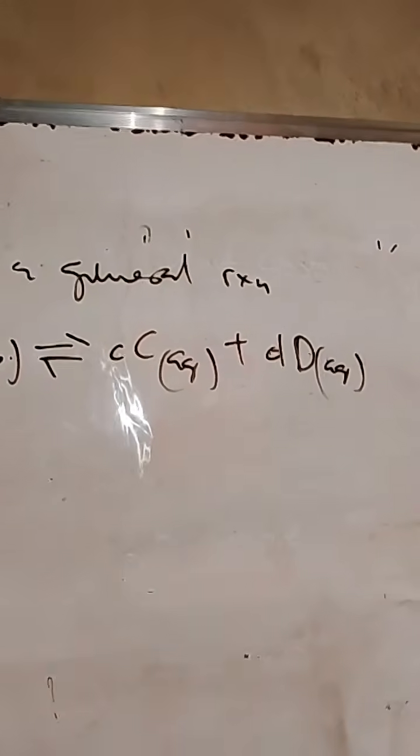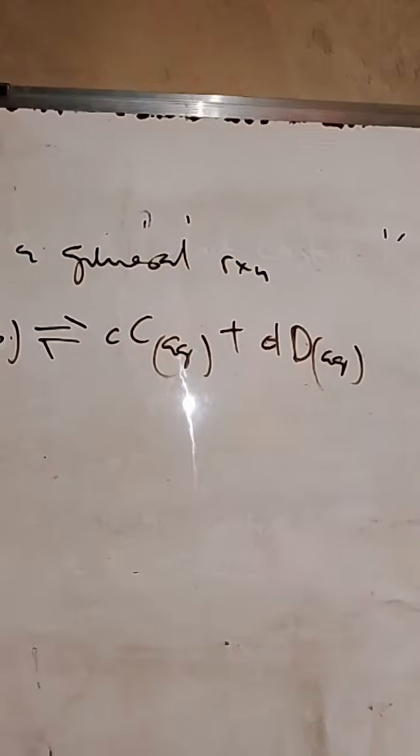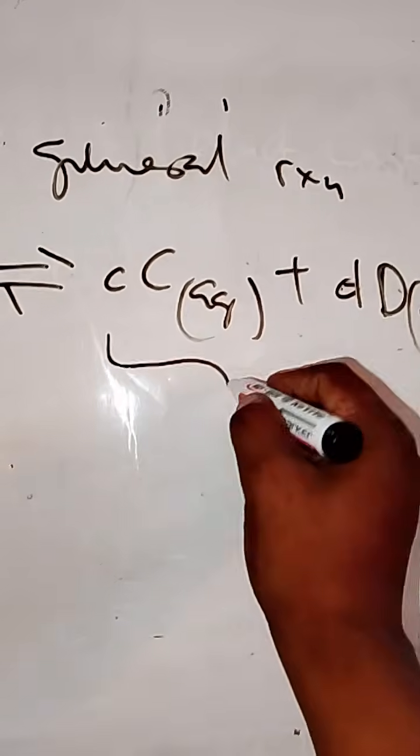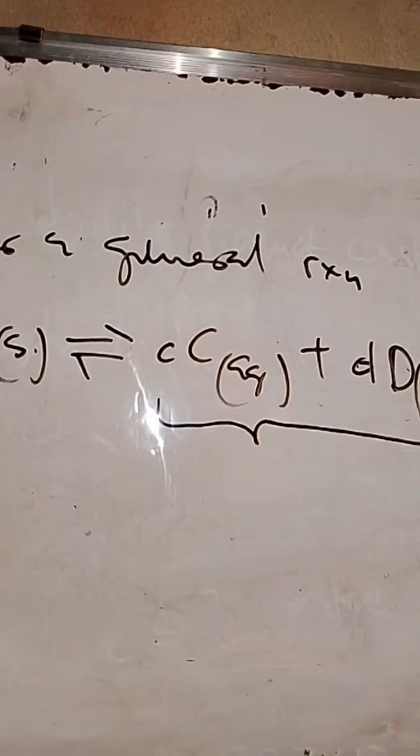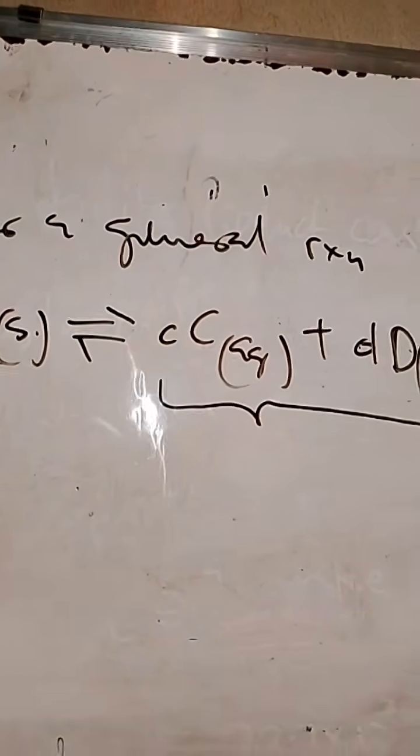To solve for the Ksp, it is necessary to take the concentration of the products, which is C and D, and multiply them.